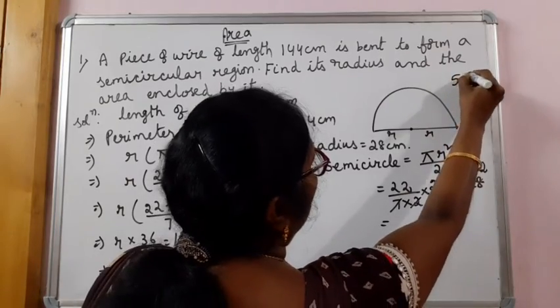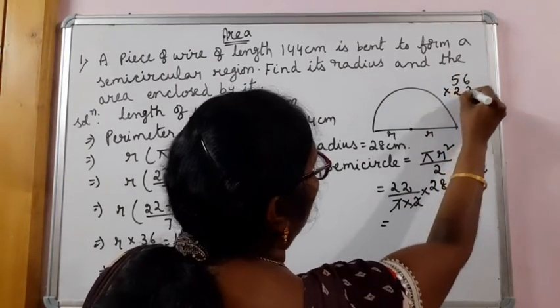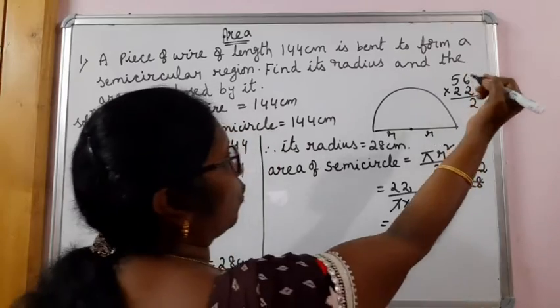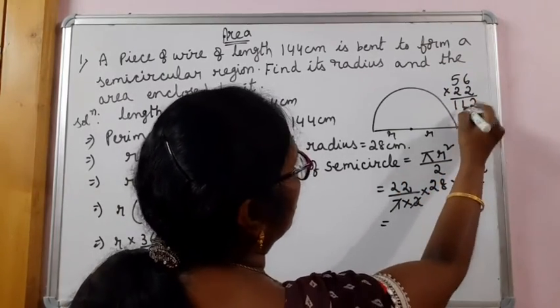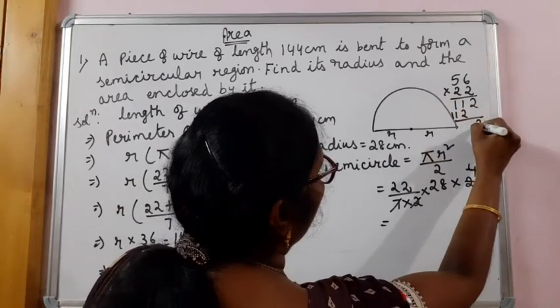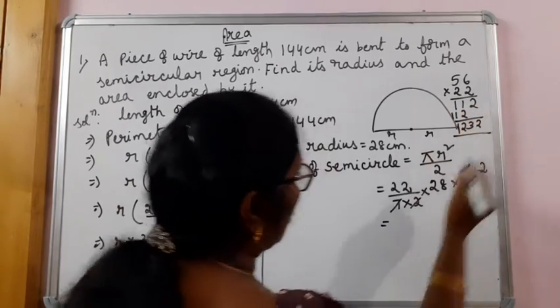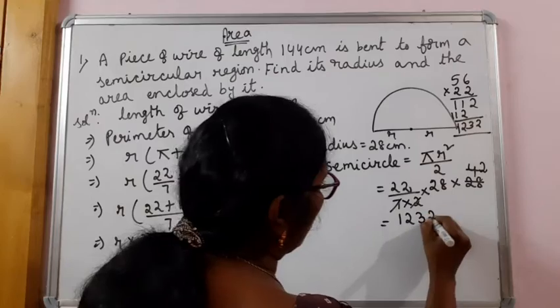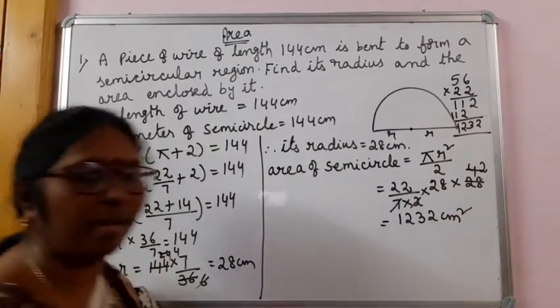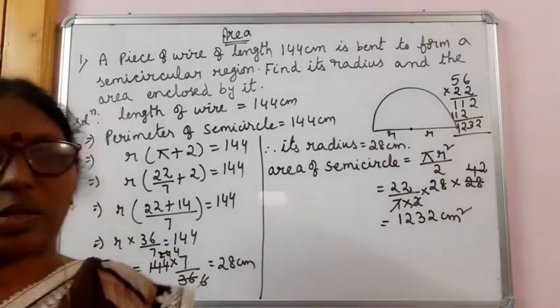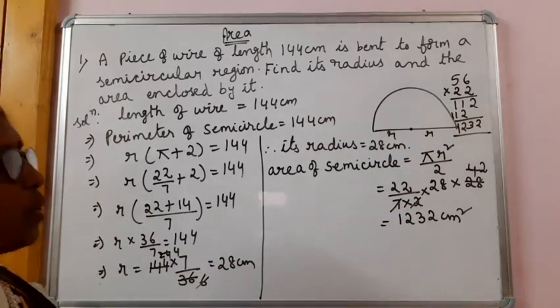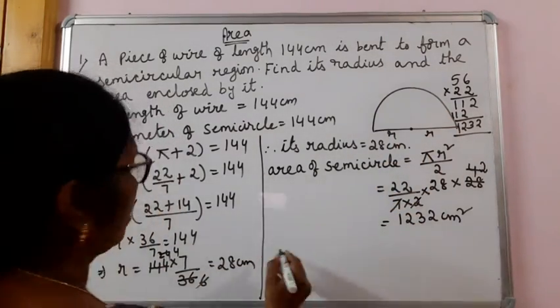Let me do the multiplication here. 56 into 22. 2 6s are 12, 2 carry 1, 2 5s are 10, 11. Leave the ones place, 1 1 2. So we get 1232 cm square. So the area enclosed by this wire, or the semicircular region, is 1232 cm square.